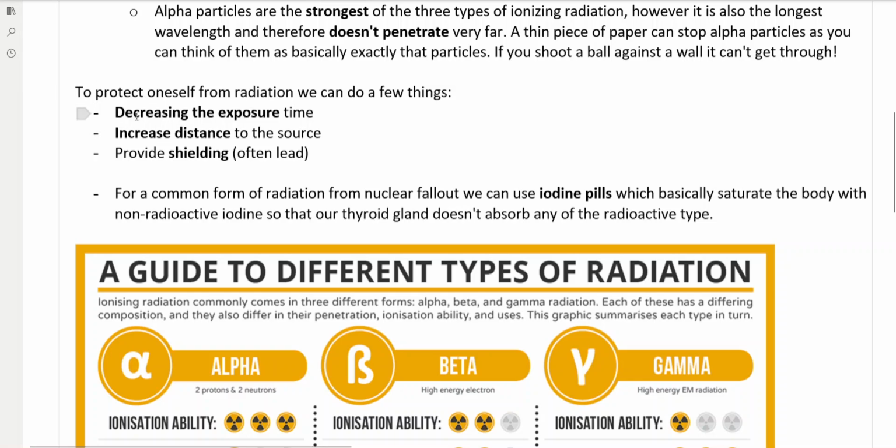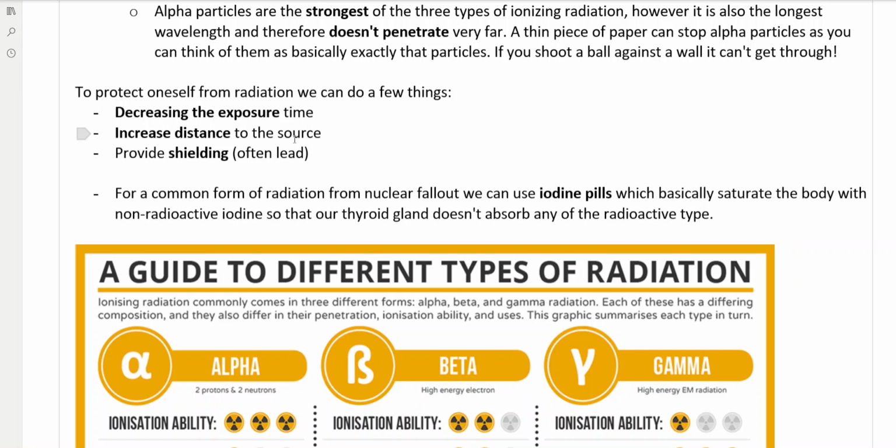So to protect yourself, you can decrease the exposure time to a radioactive source, increase the distance to the source, or provide shielding, which in the best case is lead. Interesting that our bodies really want to absorb a type of radioactive iodine, which has a half-life of a couple days.